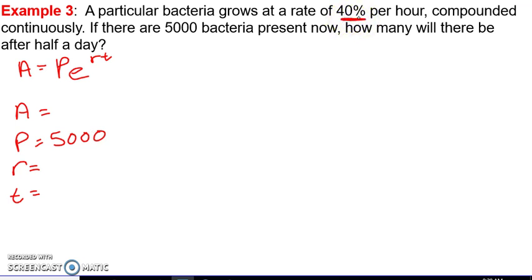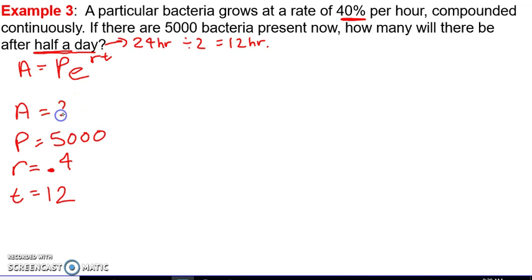About 40% per hour, so rate-wise, I'm at about 0.4. When I look at the time, look how it says how many will there be after half a day. Well, you know that there's 24 hours in a day, and half of that would give you 12 hours. So our time is 12.